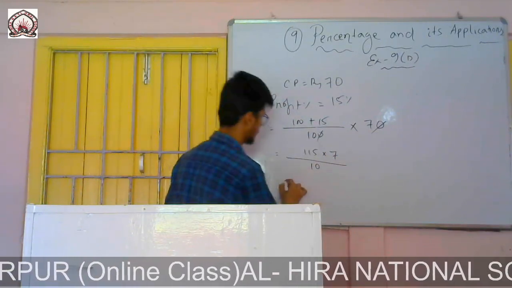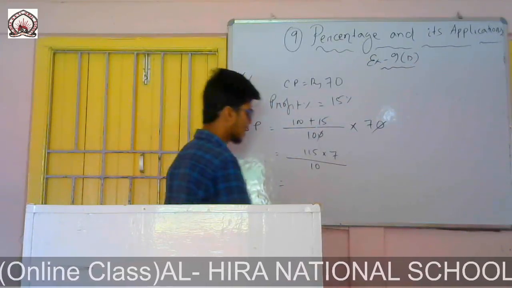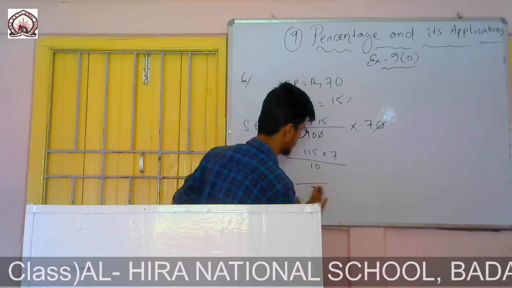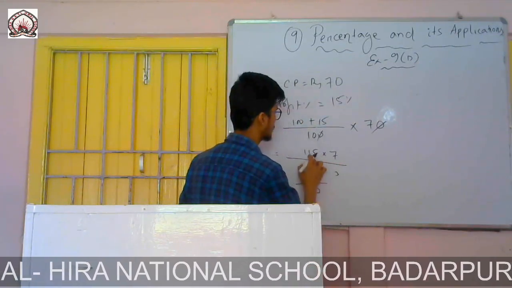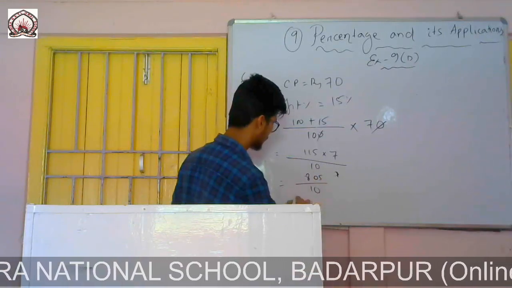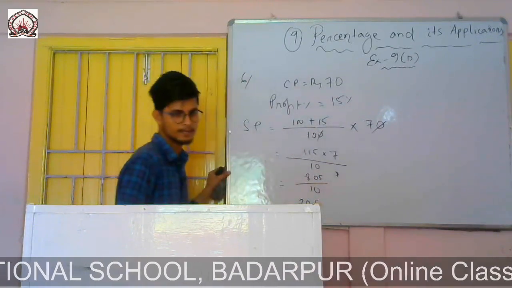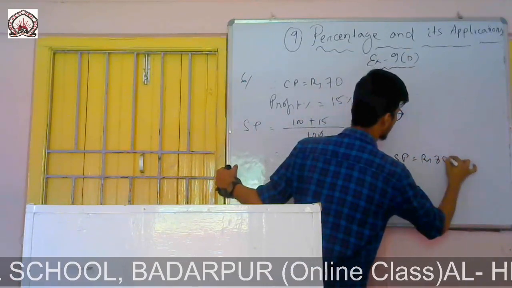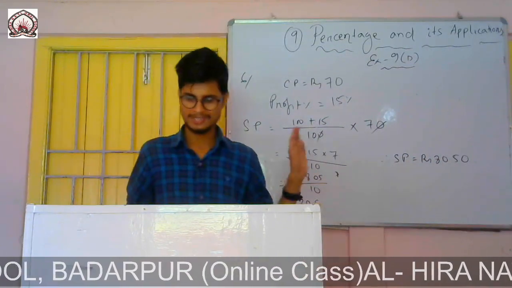You simply keep this 10 here, it will be easy to divide by 10. 7 fives are 35, 3 in my hand, 7 ones are 7, 8, 9, 10, 0 and 1 in my hand, 7 ones are 7 and 1 is 8. So 805 by 10, which I can write as 80.5. Therefore SP is equal to rupees 80.50. So this is the SP.